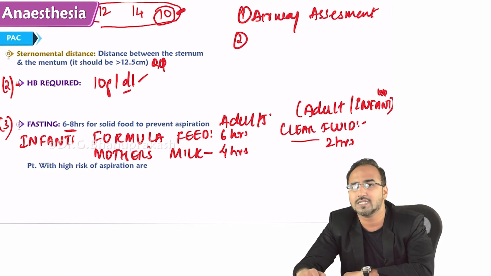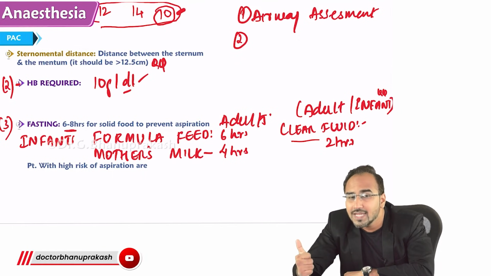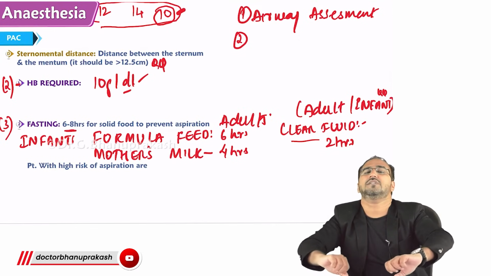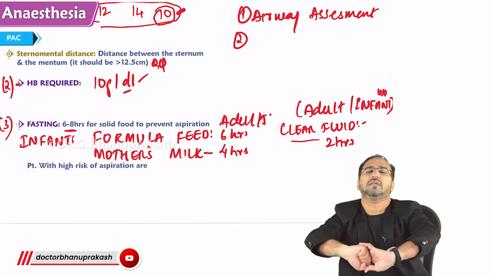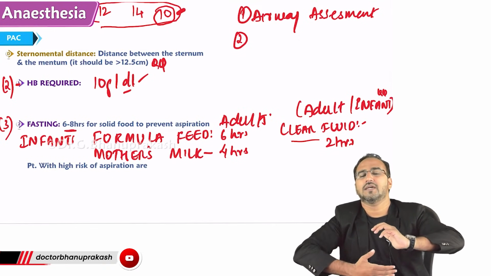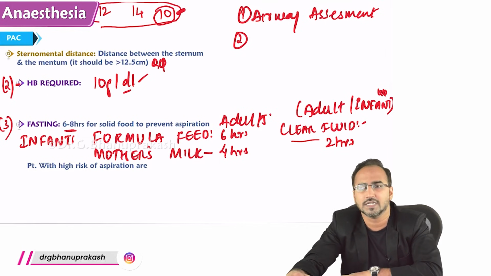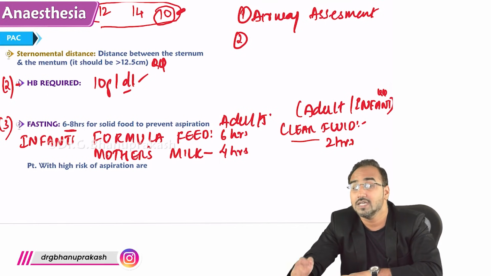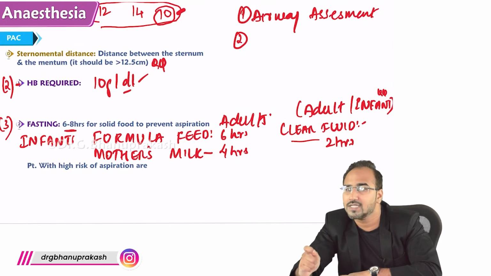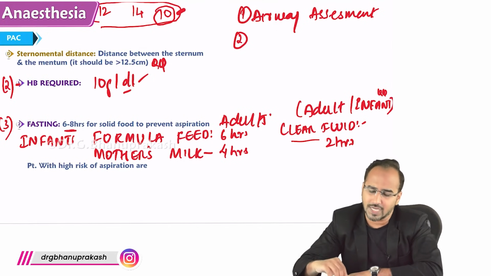Who are those patients? Patients whose intra-abdominal pressure is high, such as obese patients, pregnant ladies, ascites, right? Patients having reflux problems such as GERD, hiatus hernia, or emergency. These patients are at risk of aspiration even though they are in a fasting state.